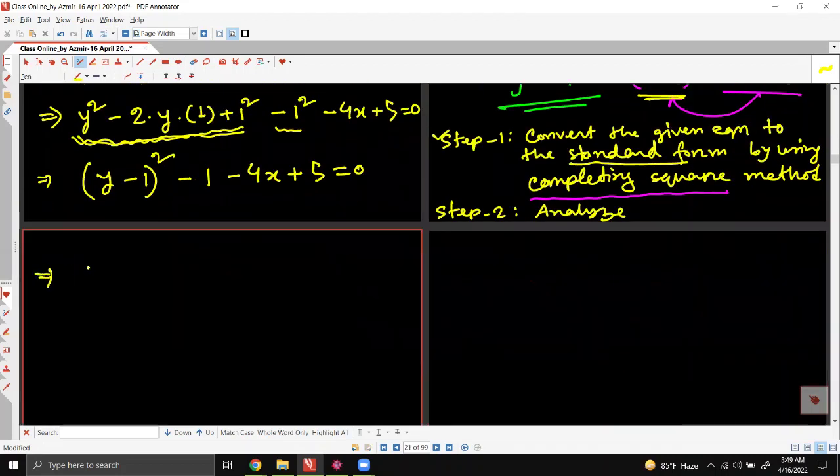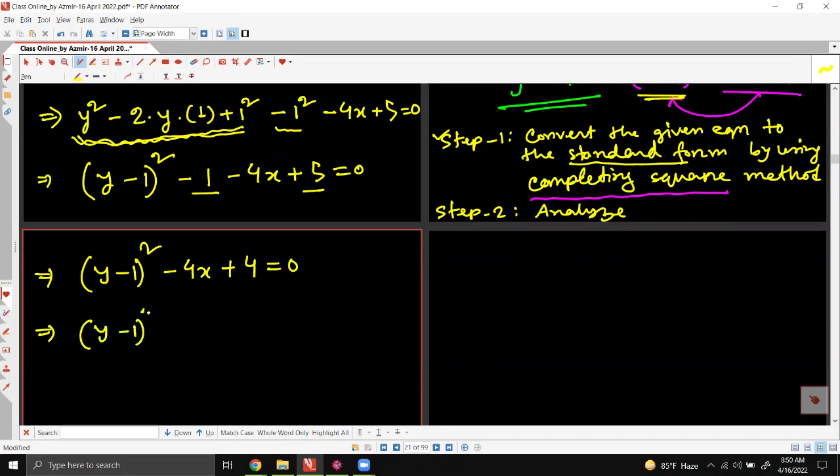So y minus 1 squared, negative 4x, negative 1 plus 5, it is plus 4 equals 0. So we have y minus 1 squared, negative 4x plus 1. 4 is the factor. So we can write here x minus 1.